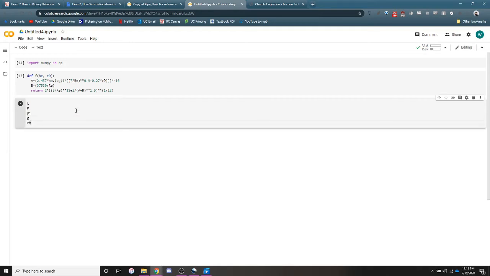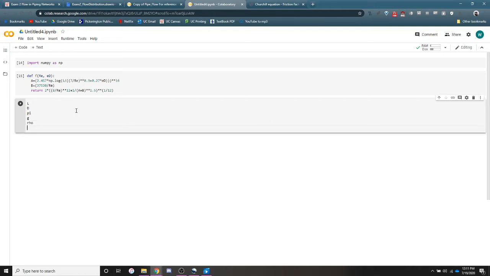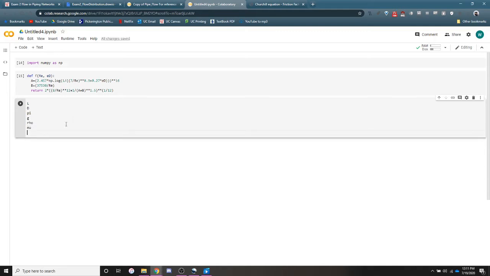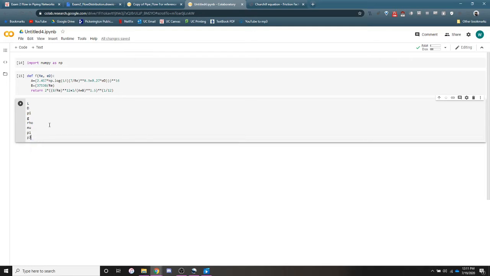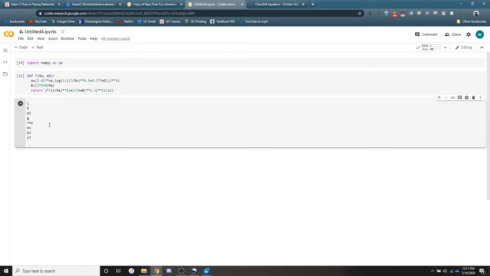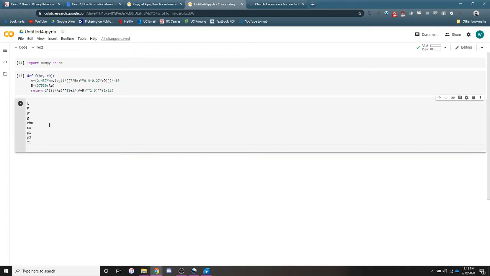We would also need the density of the fluid and the viscosity of the fluid, because we use these to find the Reynolds number, which is here. And we would also need the pressure at point 1 and the pressure at point 2, and also z1 and z2.